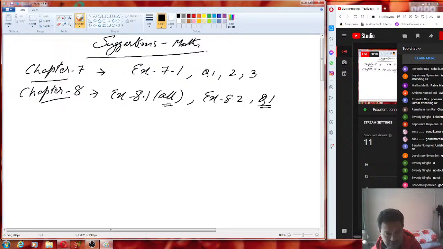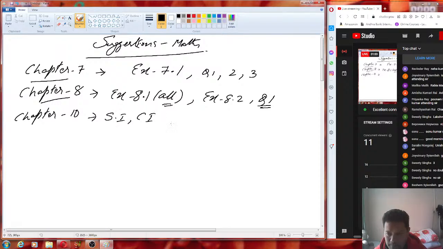After this, we'll come to chapter 10. In chapter 10, it's about simple and compound interest. So in chapter 10, you have to remember the formula of simple interest and also compound interest.